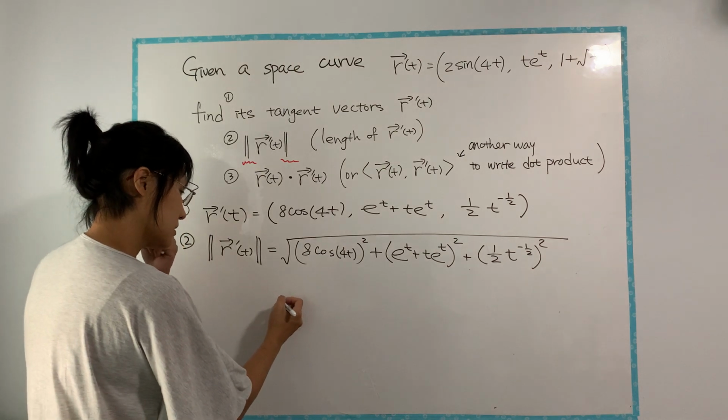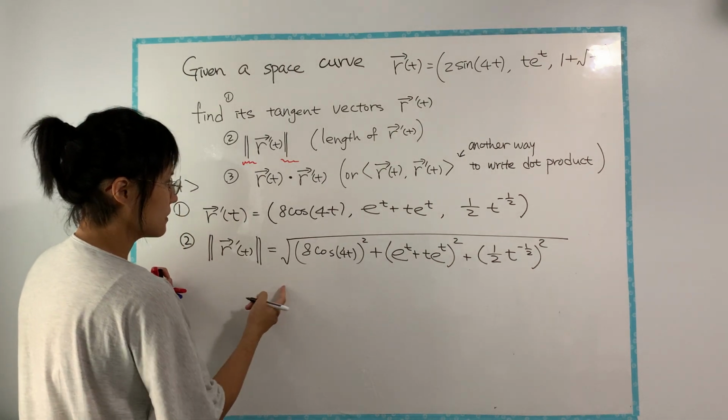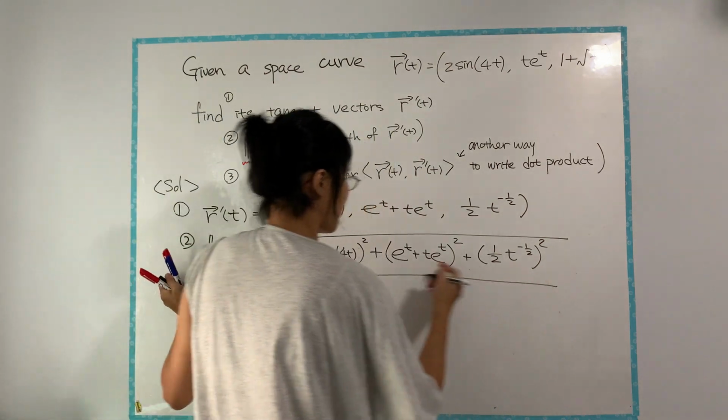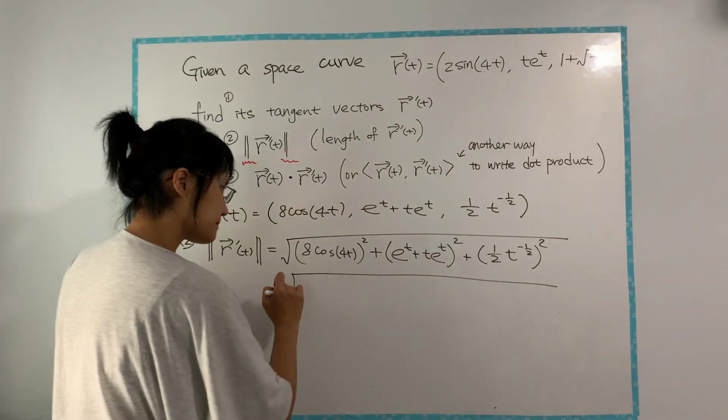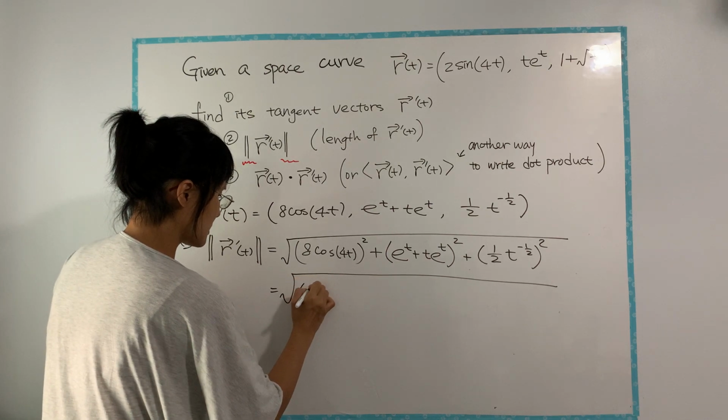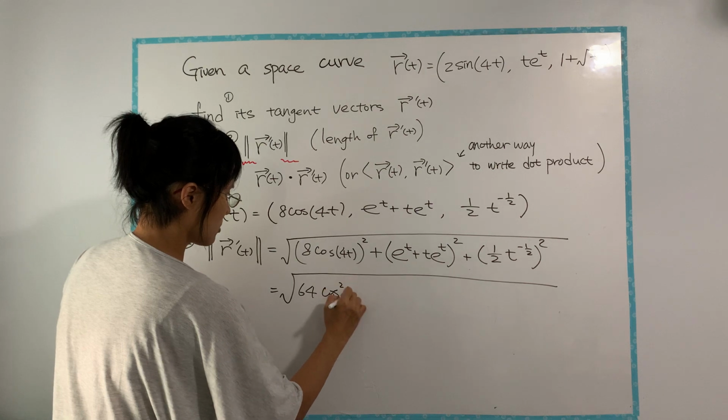I can leave it like this, or try to expand the squares. So the first is 8 times 8, 64, cosine squared of 4t.